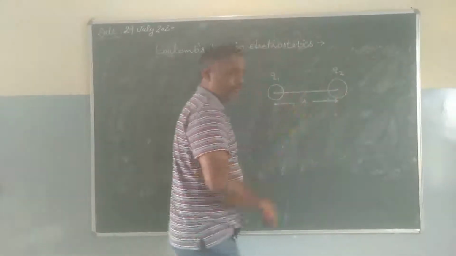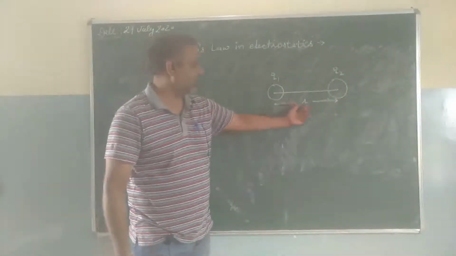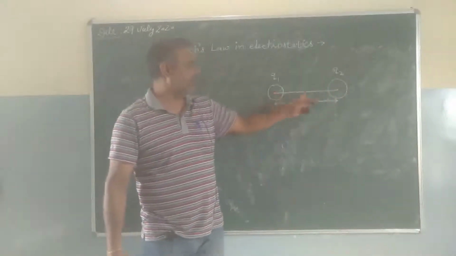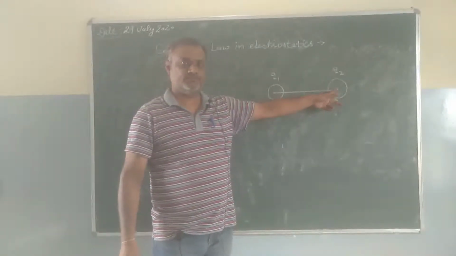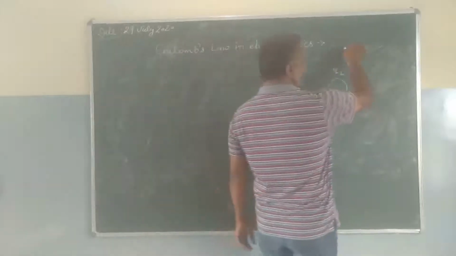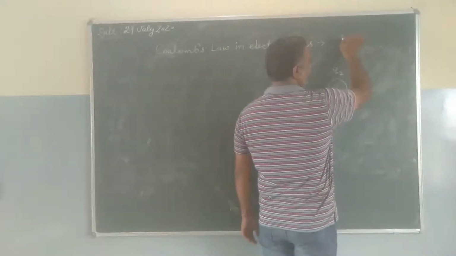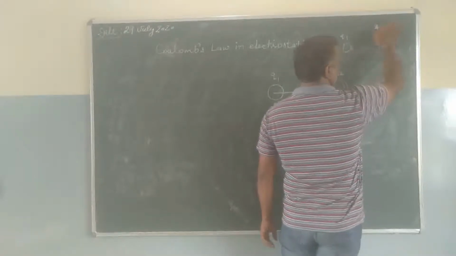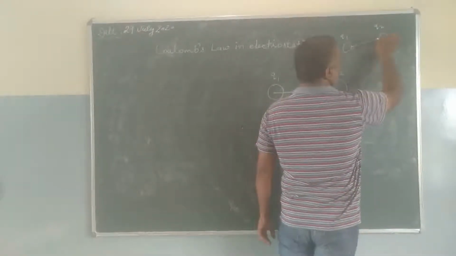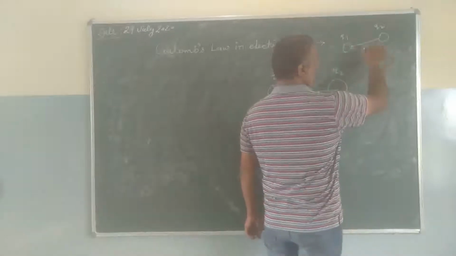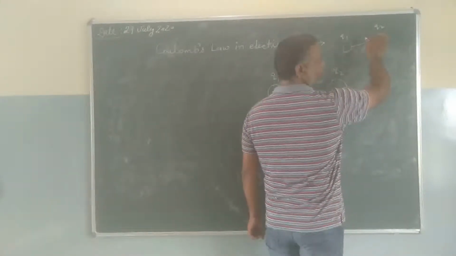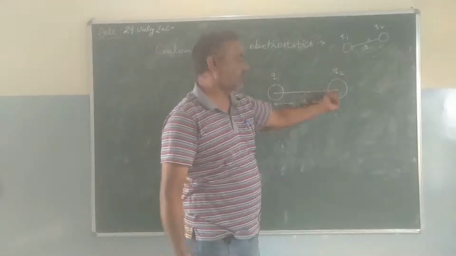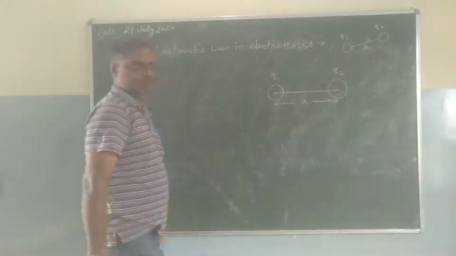But a point to be noted, students: this distance r is always taken from the center of the two charges. If these are the two charges Q1 and Q2, we will never take this distance. This is not the distance r. This is wrong. We must take the distance from the center of the two charges as r.